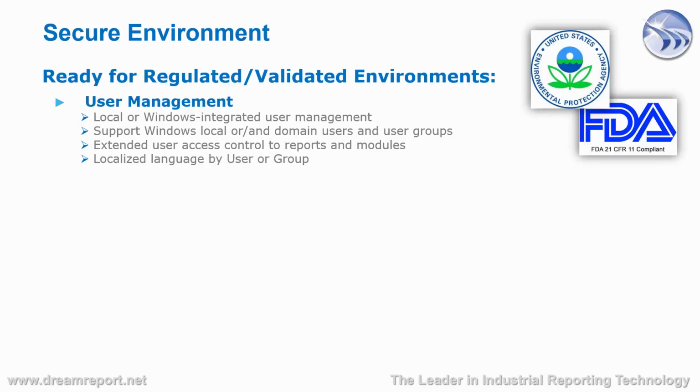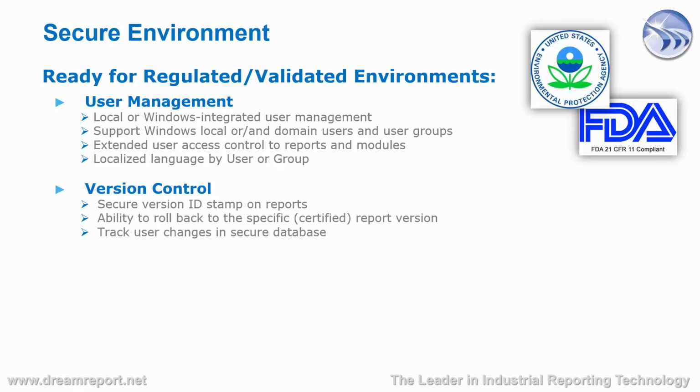This user access security is extended across all modules of DreamReport, from who can get into DreamReport Studio to create reports, to create new data sources, who can stop and start the runtime engine, who can get into the web portal, and more. Additionally, localized languages can be assigned to individual users or user groups, and when a specific user logs in, the entire user interface will switch to that language assigned to them. Currently, DreamReport supports 14 localized languages.